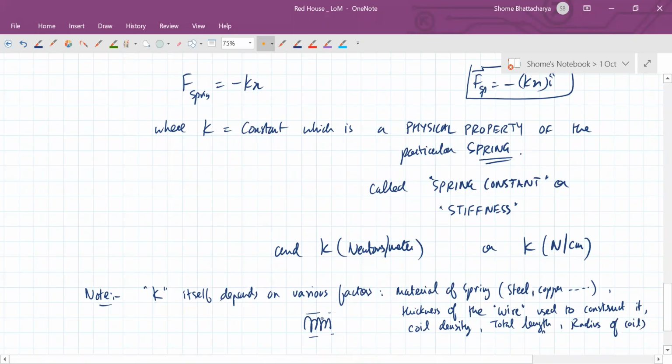This is actually more about the experimental aspect of springs. There is no direct formula at this stage between the spring constant and all these factors. It comes more as what is called an empirical law, that is, it comes from experiment.